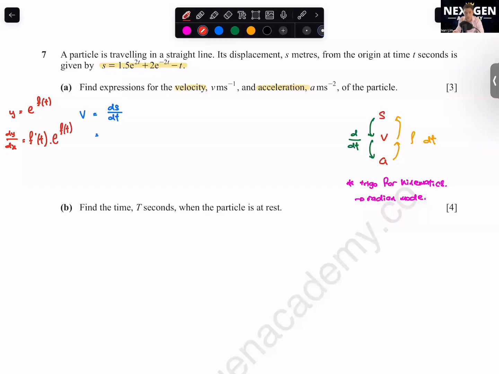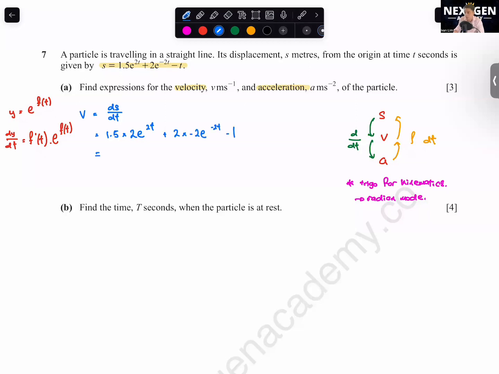I write it in terms of t, dy over dt. So e to the power of 2t, you differentiate 2t, you get 2. So 1.5 times 2e^2t plus 2 times negative 2e^-2t minus 1.